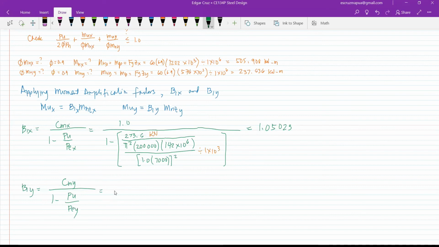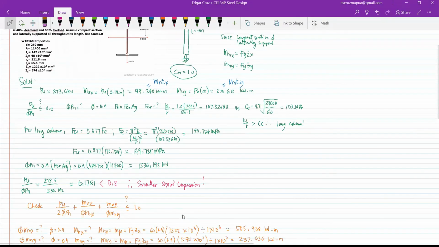So for B1Y, so that would be 1.0 yung CMY. So 1 minus, again, the PE is 273.6, again, that is kilonewton divided by PEY. Okay, ang PEY naman would be pi square E, 200,000, times IY. O, tingnan natin yung IY.